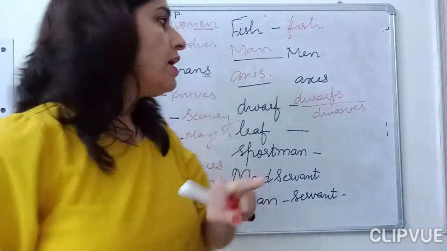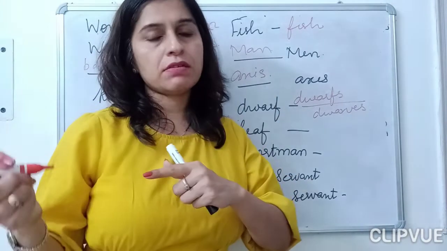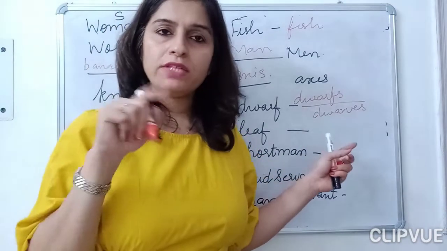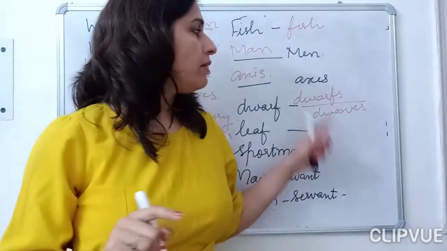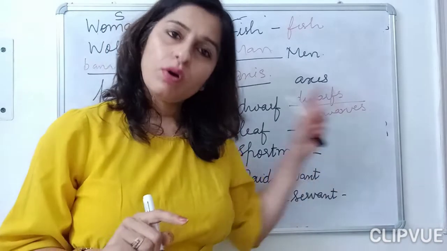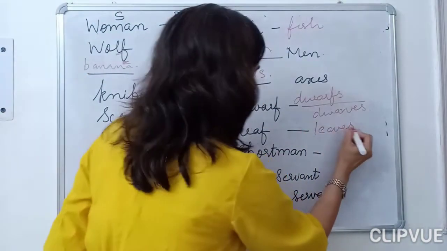Both are correct. Same, roof can be written as roofs, we will add s, that is an exception, children. Hoof, H-O-O-F, can be written as hoofs and it can also be written as hooves. Leaf will be leaves.